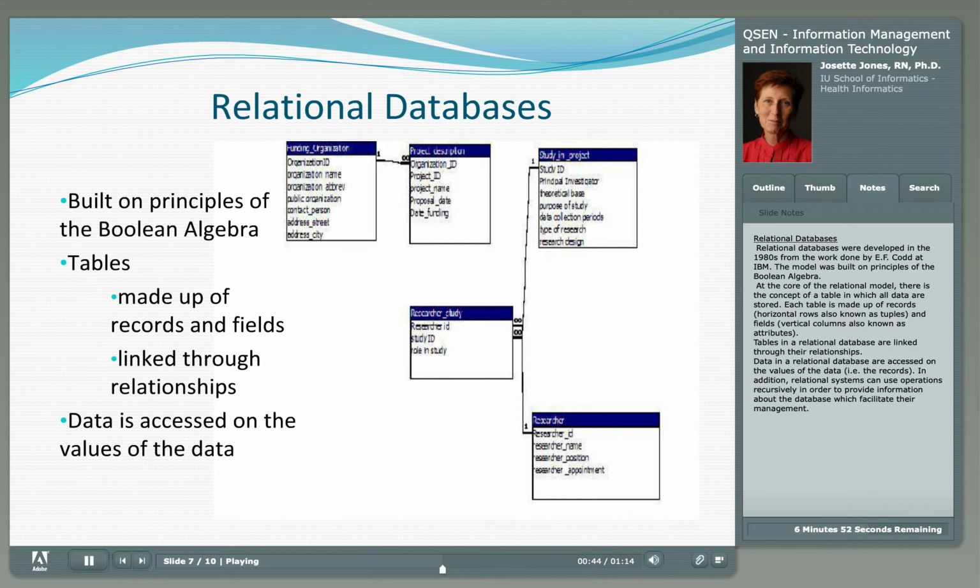Tables in a relational database are linked through their relationships, one-to-many relationships. Data in a relational database are accessed on the values of the data, the records, and in addition, relational systems can use operations recursively in order to provide information about the database which facilitate their management.